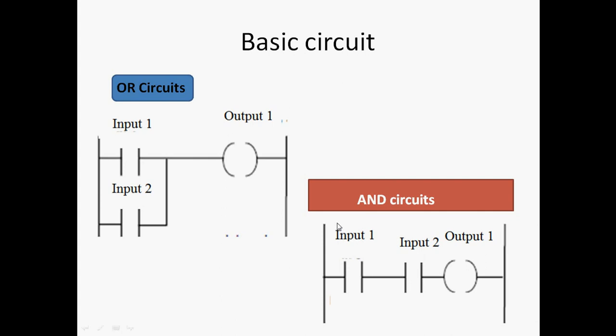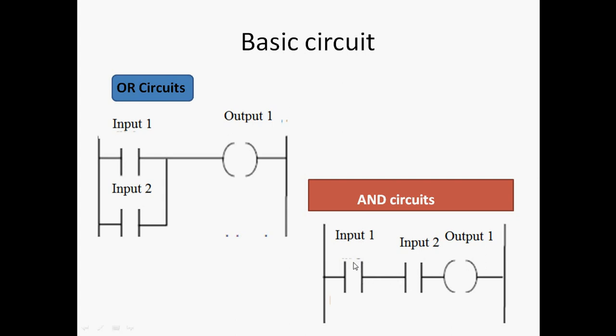Next, similarly, we can discuss the AND circuit. Here two inputs are present, and there are two power rails. The two inputs, input 1 and input 2, are in series.